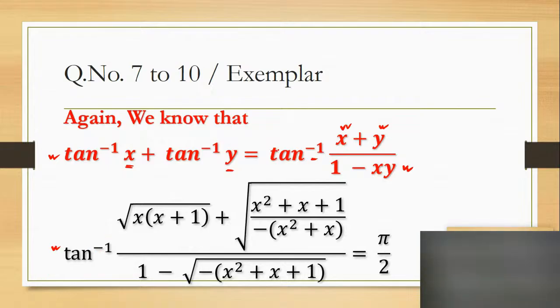Instead of x, we have (x+1) over root, and instead of y, we have x square plus x plus 1 by minus x square plus x, by 1 minus x square plus x plus 1, equal to pi by 2. There is no problem to understand up to this step. So let's see the next step here.